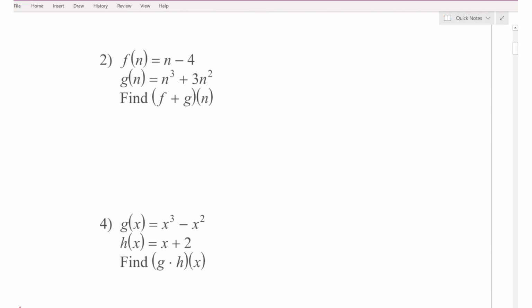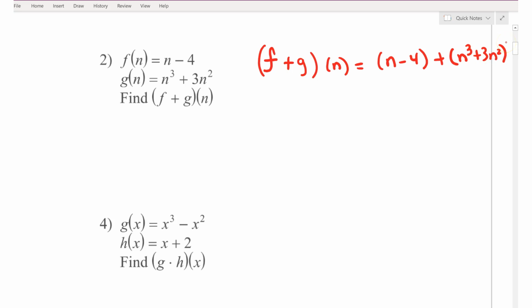We have F of n equals n minus 4, G of n equals n cubed plus 3n squared. So we have F plus G of n. F is n minus 4 plus n cubed plus 3n squared. And you do want to write it in standard form.